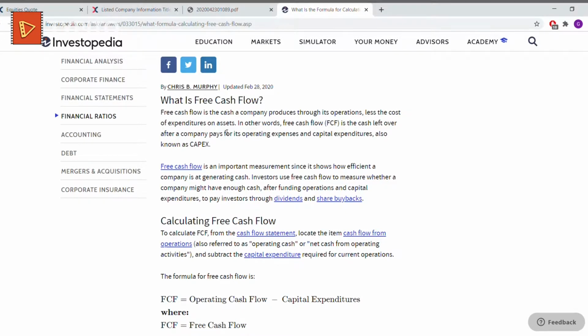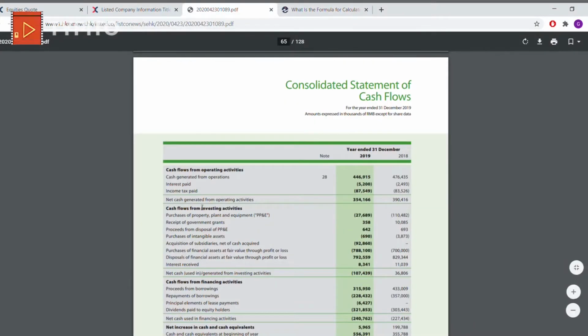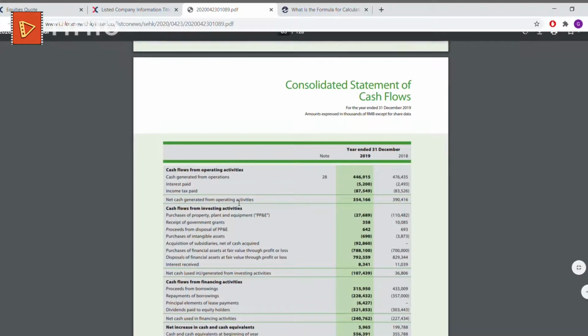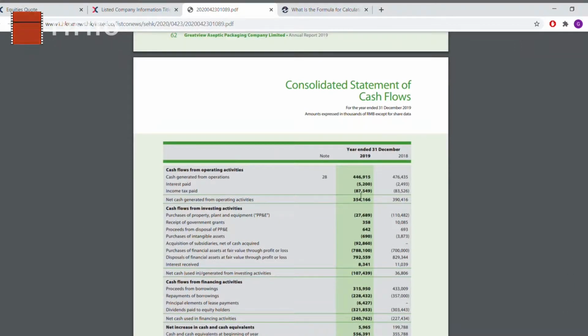So what it means is that you actually take the cash generated from operating activities, which is cash from operations, and you take this figure and subtract it with the capital expenditure, and that will be items such as purchases of PPE and purchases of intangible assets.